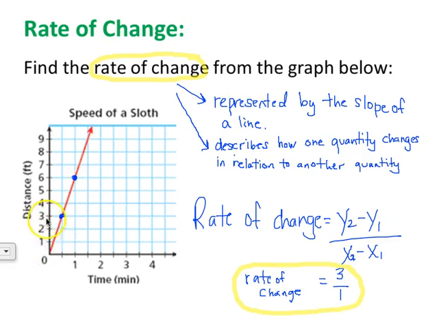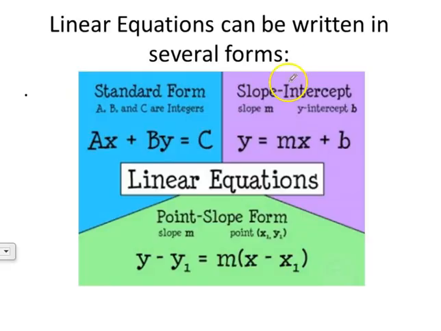Or the sloth will travel 3 feet in 1 minute. And that is our rate of change. So again, it's just a fancy way of dealing with slope. I'm going to move on to the next slide, so if you need more time, go ahead and click pause.